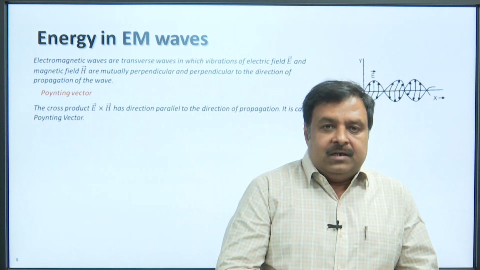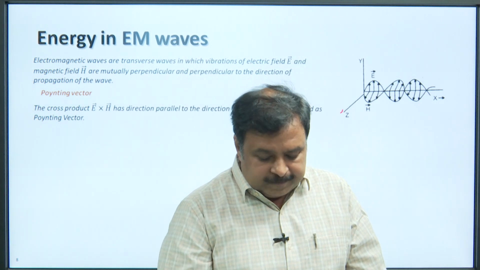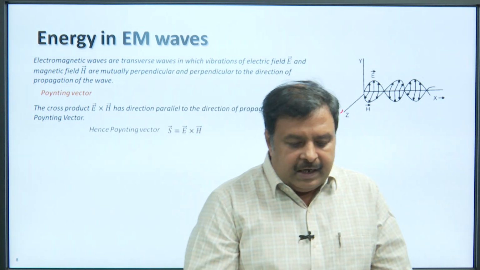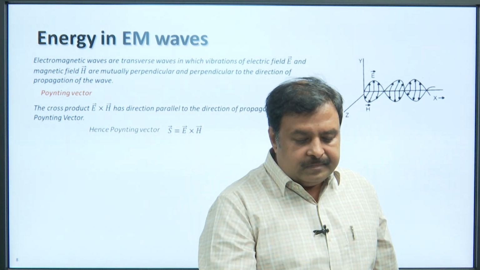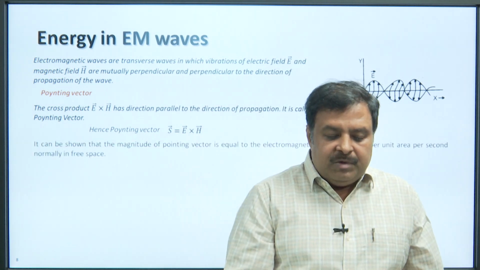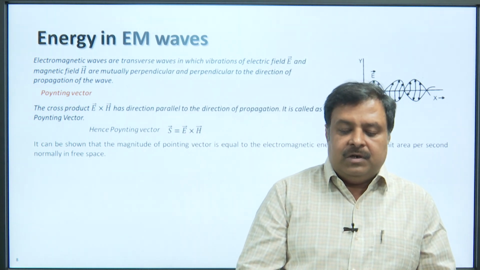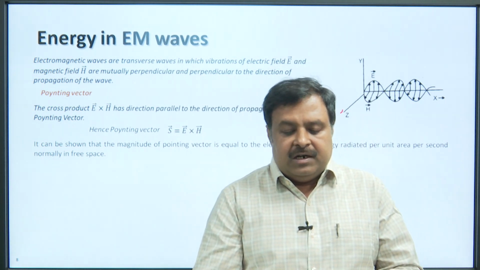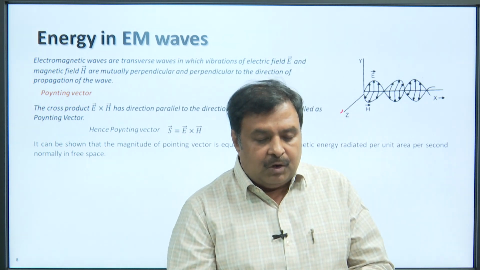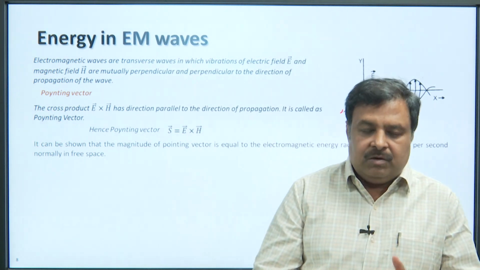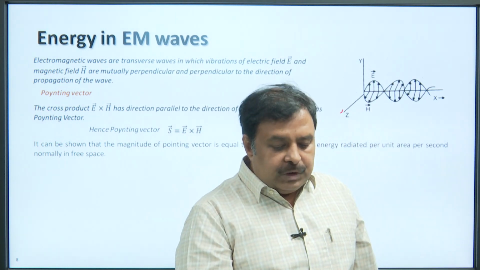So, this vector E cross H is called as Poynting vector. Hence, Poynting vector S is E cross H. It can be shown that the magnitude of Poynting vector is equal to the electromagnetic energy radiated per unit area per second normally perpendicularly in free space. We can show this.